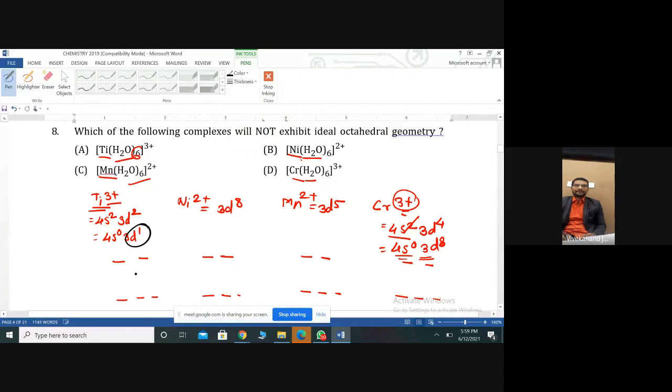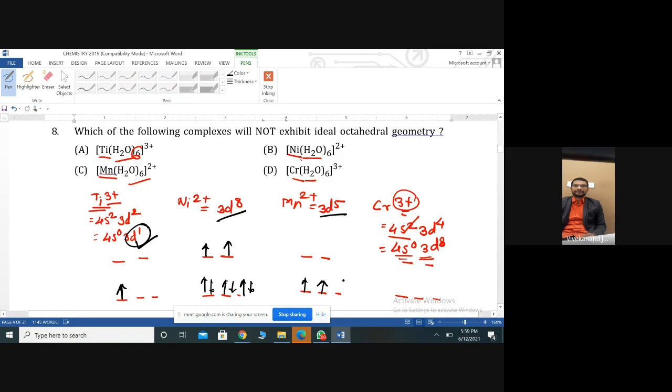Now, I have 3d1. Just 1 electron is there. Can I put 1 electron over here? Yes, sir. 8 electrons we have to put. In the t2g set, we put initially 6 electrons. Now we have 2 more electrons. 1 electron will be put over here, 1 electron over here. Here we have 5 electrons, and we put these 5 electrons according to this.